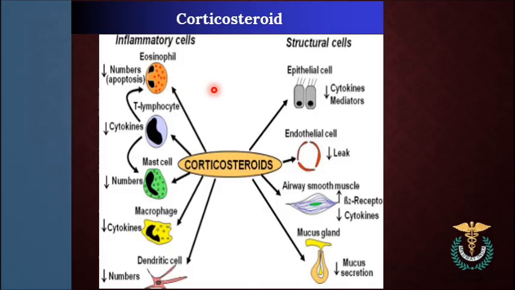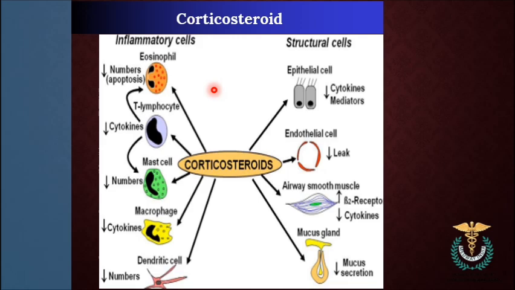So the corticosteroid receptor complex translocates to the nucleus where it binds to specific DNA sequences known as glucocorticoid response elements. So there is transcriptional regulation also involved, where corticosteroids regulate the transcription of various genes involved in inflammation, immune response, and cell growth.